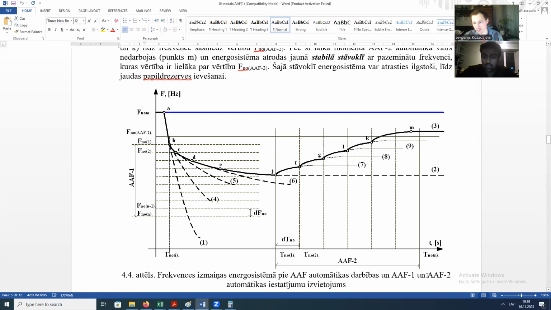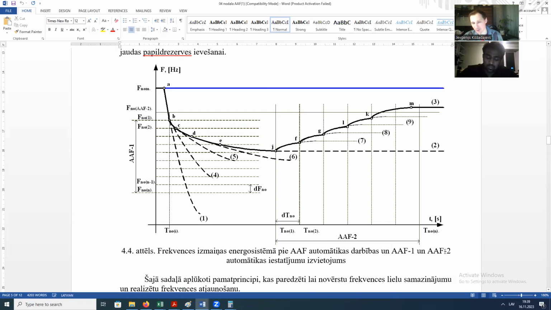So you don't have this separation of under frequency automation part 1 and part 2, but this part 1 works like the first and the second one, so it stops operating when the frequency is increased. It starts to return to its nominal value.